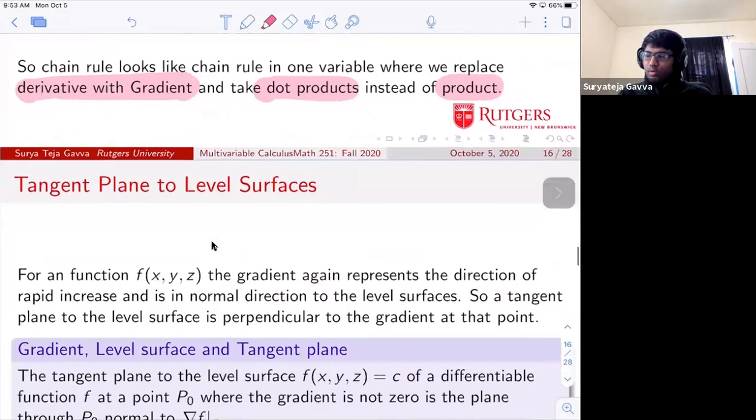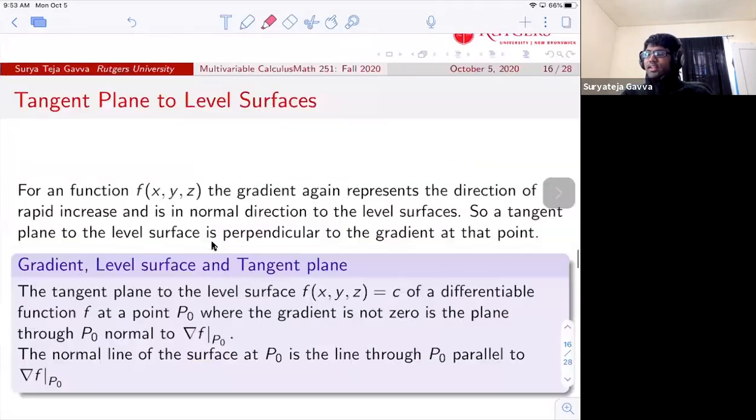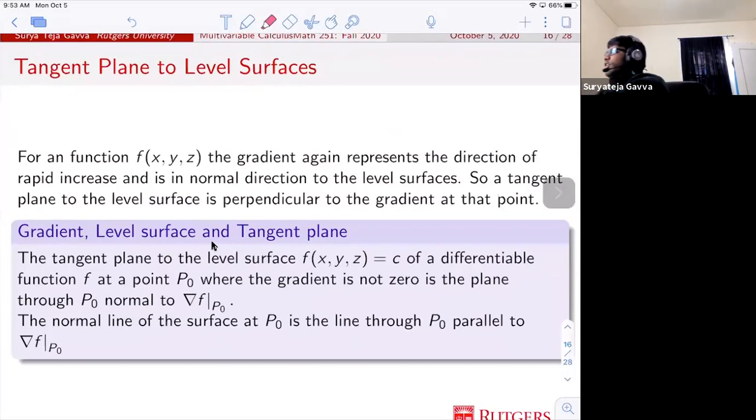Okay, so that's something about two variables, and similarly you have more information about the gradients.